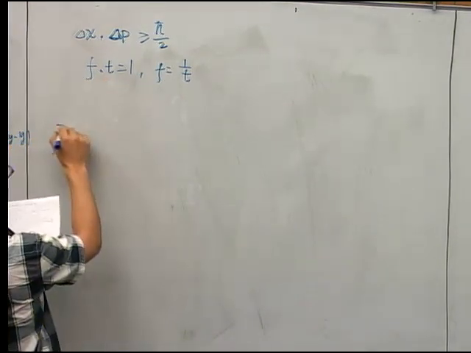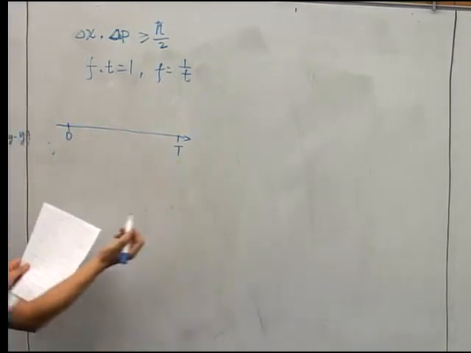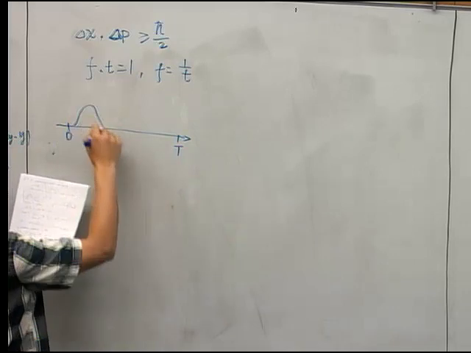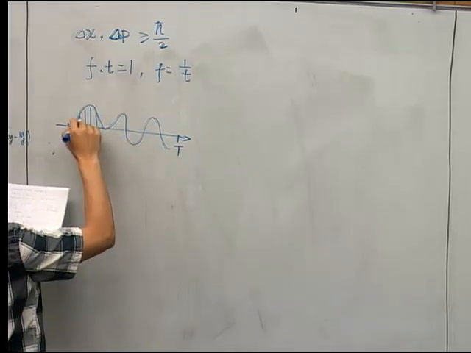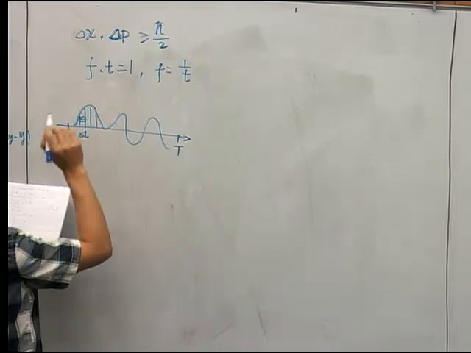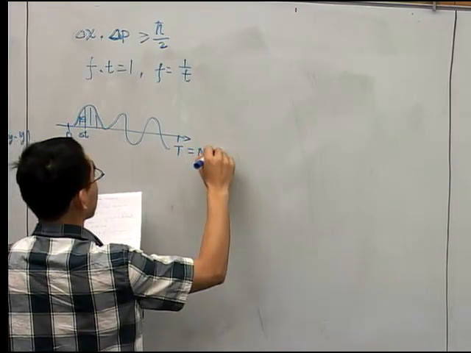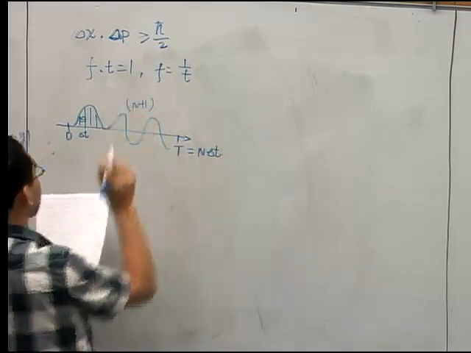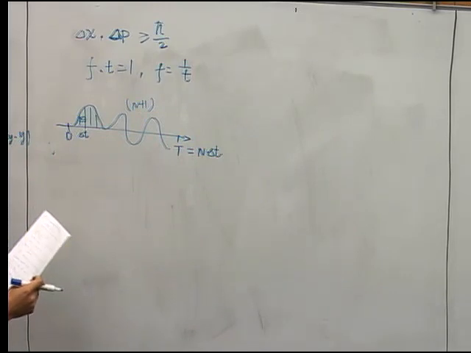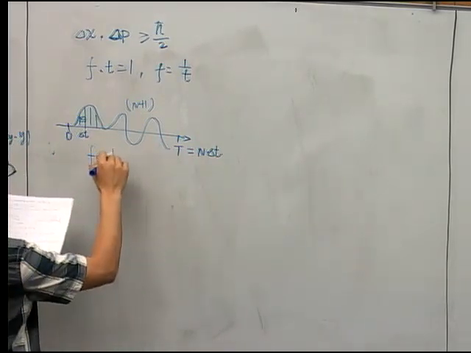You have from 0 to total t, total sampling, maybe with some waveform here. This is your delta t, and so t equals n times delta t. You have n plus 1 points. And the sampling frequency is 1 over delta t.